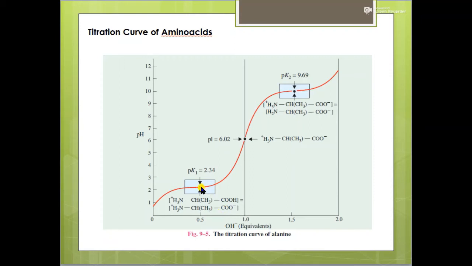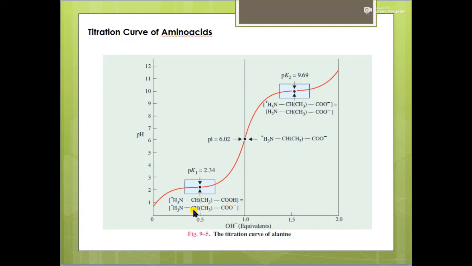So at this point, pK1 of 2.34, there are equal concentrations of the proton donor and the proton acceptor.